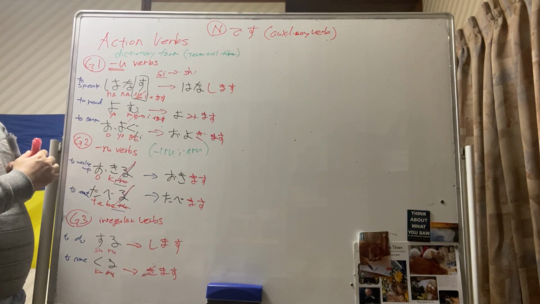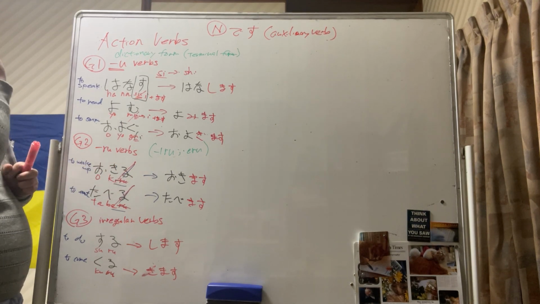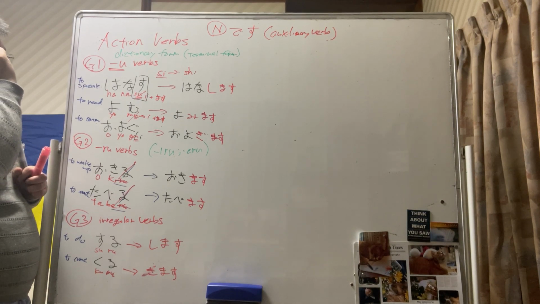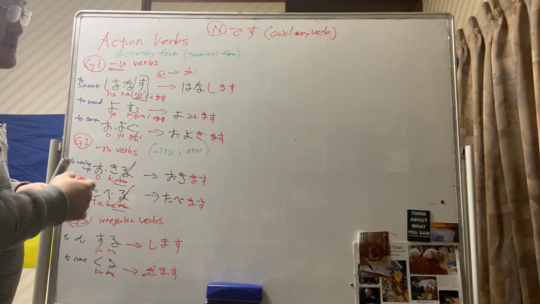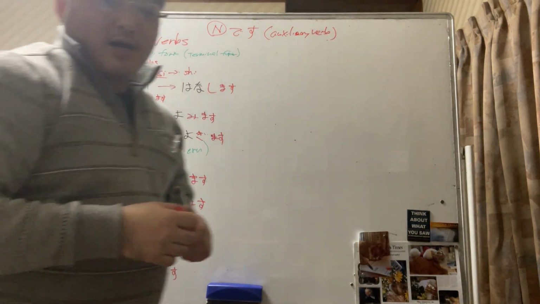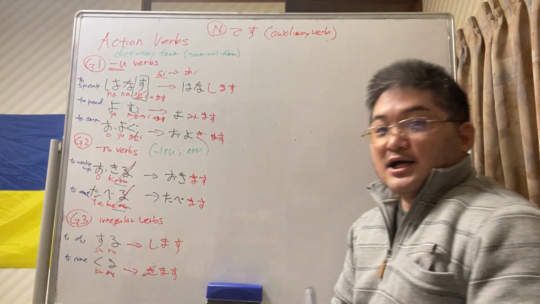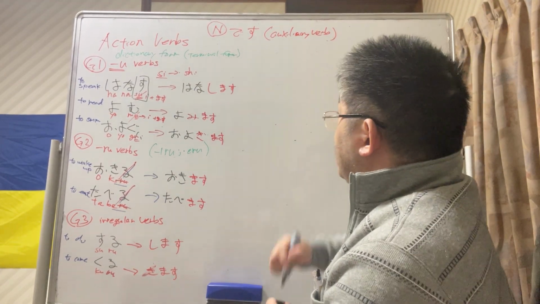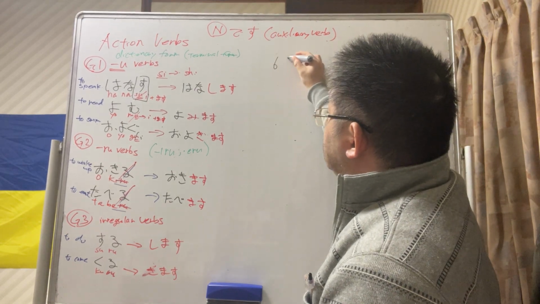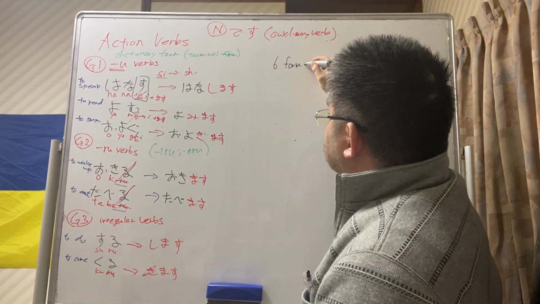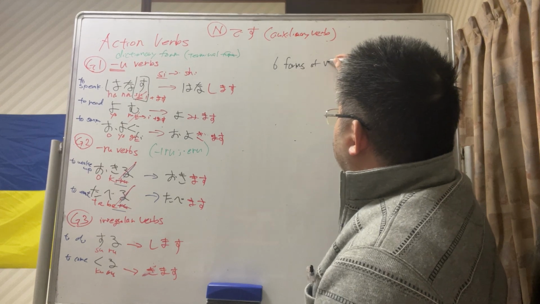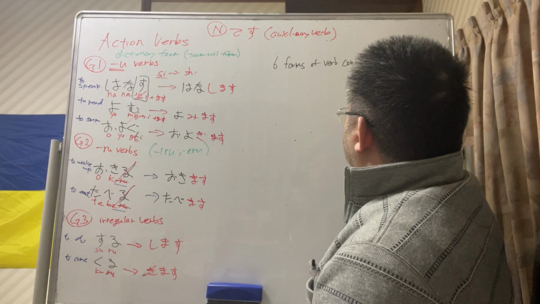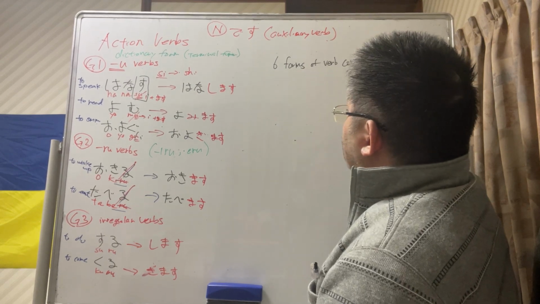Now, this is something I will give you later. But in Japanese junior high school or high school, we have six forms of verb conjugation that we have to memorize.